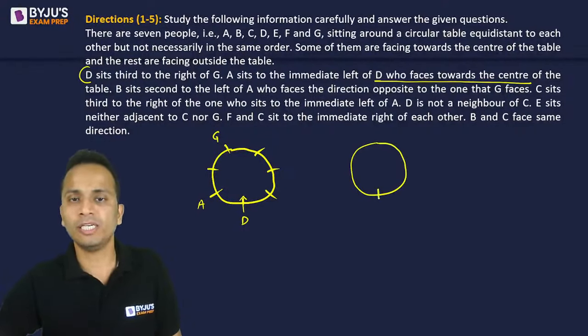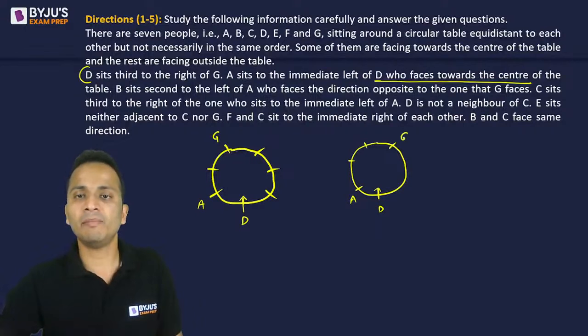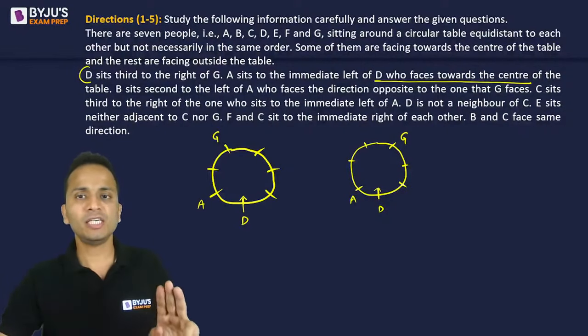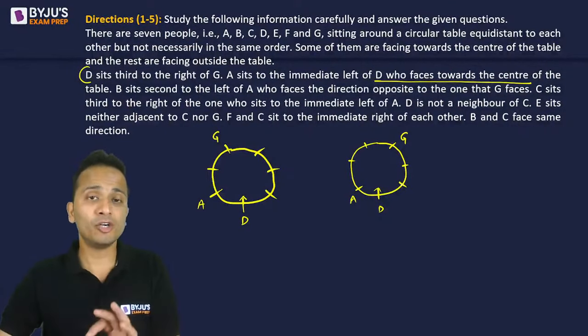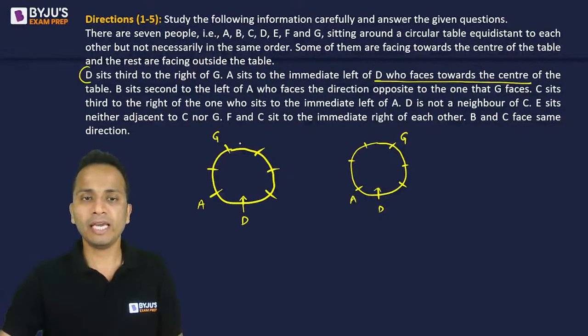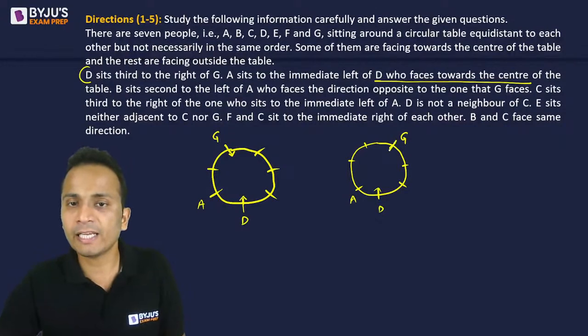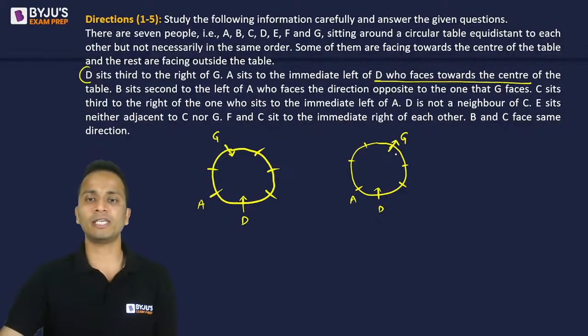Okay, so D again like this. A is sitting here. And in another case I'll make G sit at this place such that G और D के बीच में दो persons होंगे. Okay, D sits third to the right of G. अब एक केस में, G जो फर्स्ट केस मैंने बनाया है, इस केस में G will be facing inside and in the second case G will be facing outside the table.